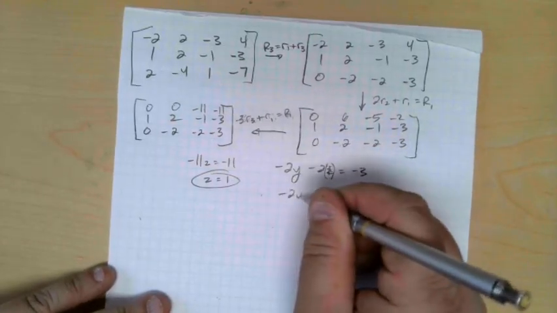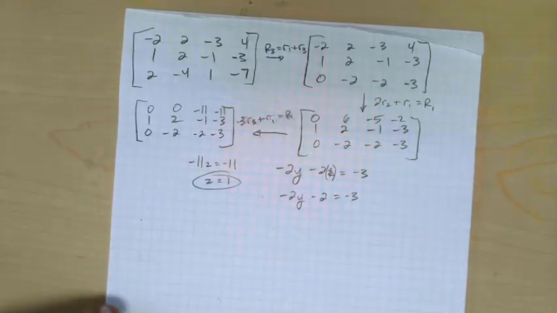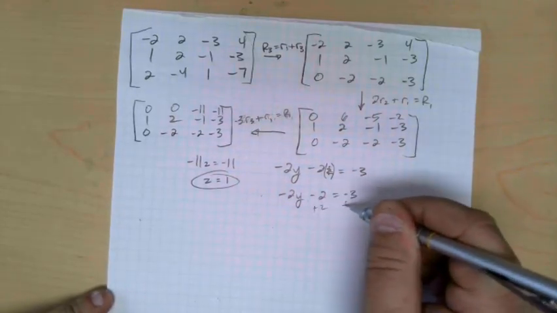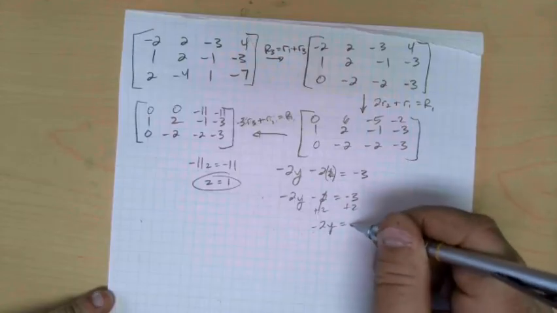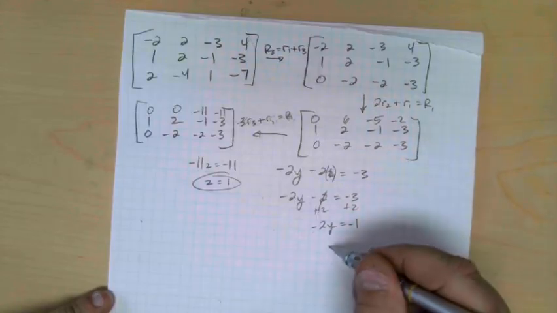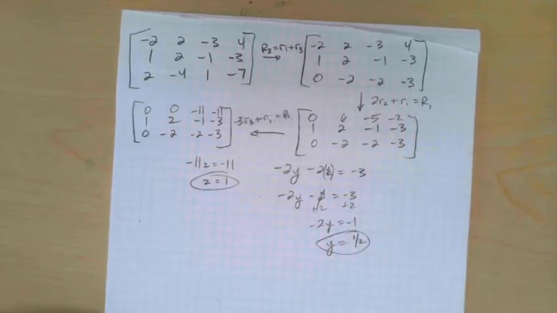So negative 2y minus 2 times 1 is negative 2 equals negative 3. And if I add 2 to each side, negative 2y equals negative 3 plus 2 is negative 1. Divide by negative 2, and I get positive 1/2. It's a fraction, but it's not an ugly fraction. So I'm kind of okay with that.